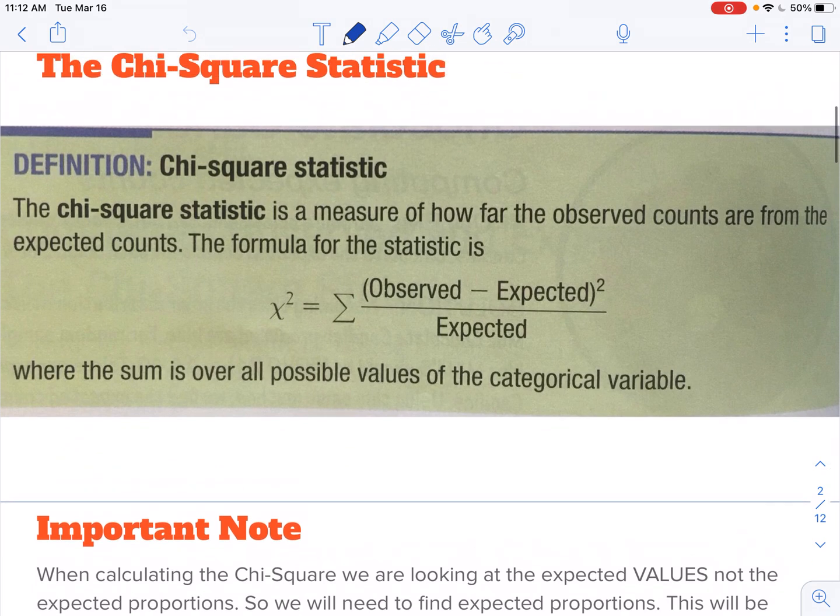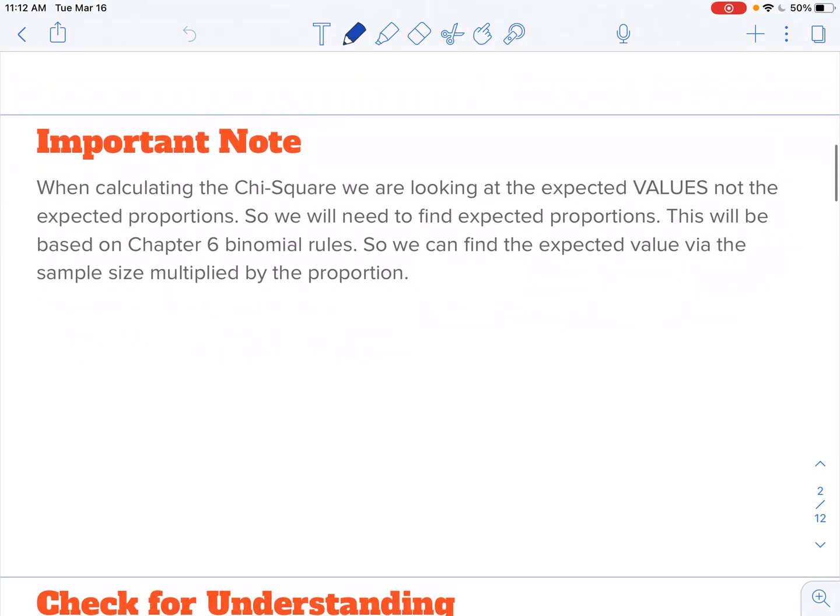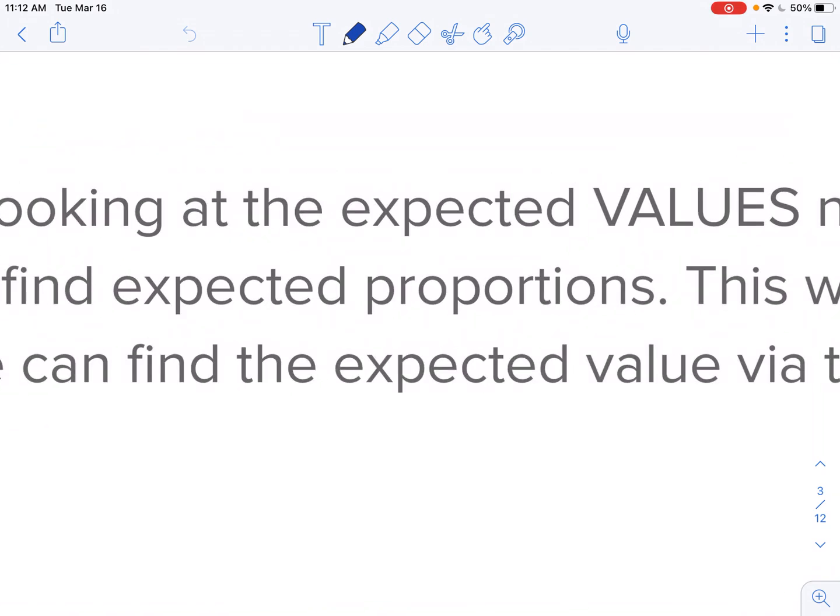And there's a lot of things that go into this. Like, first of all, why, and we'll get into that a little bit more. So an important note, when calculating the chi-square, we are looking at the expected values, not at the expected proportions. So you're going to need to find the expected values based on the proportions. So not the expected proportions, this is the expected values.